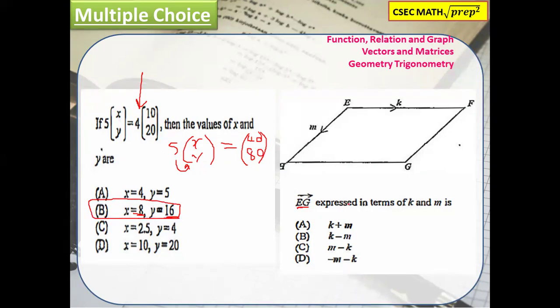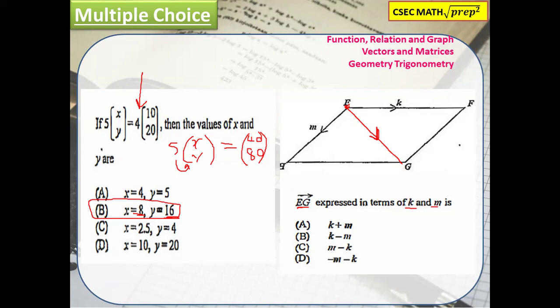EG is expressed in terms of K and M is what? Now, we're moving from E here. Are we going to G there? Arrow. So there are two possibilities, right?